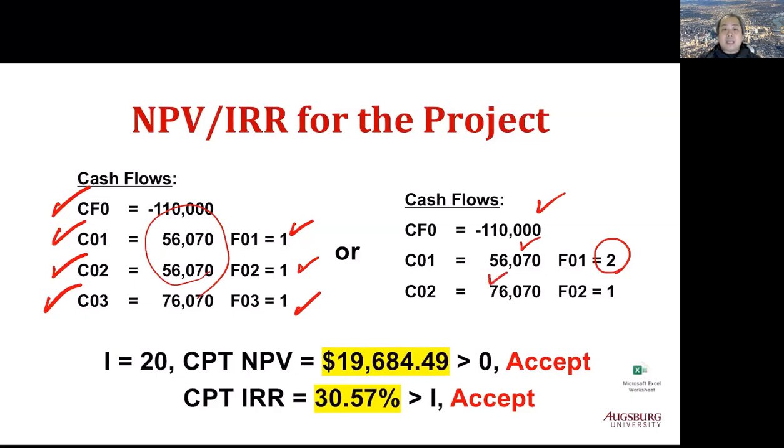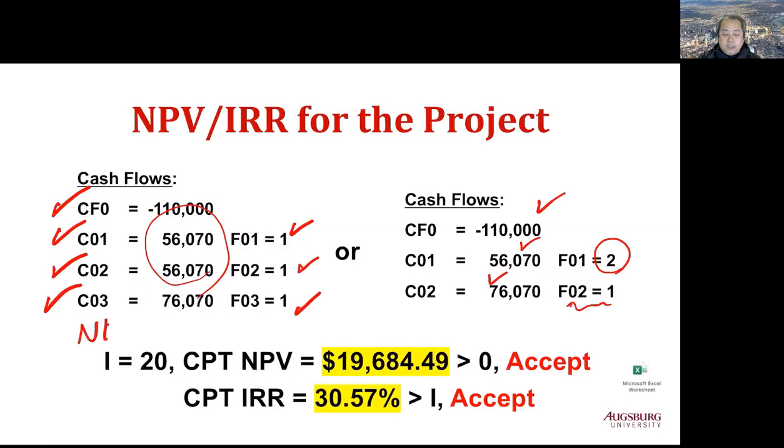C02 is the next cash flow, which is actually the year 3 cash flow, 76,070, and you have F02 equal to 1. Again, note that C02 is the year 3 cash flow because C01 handles years 1 and 2 together.